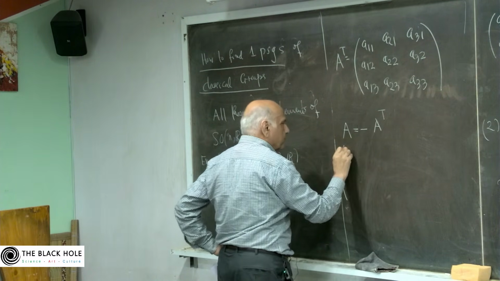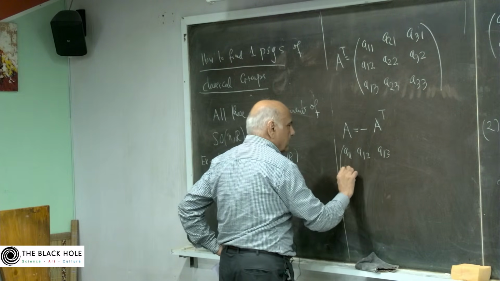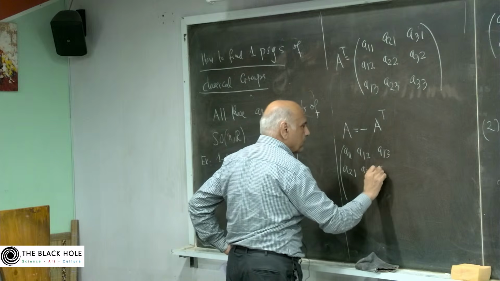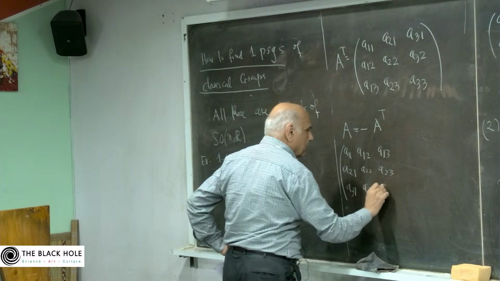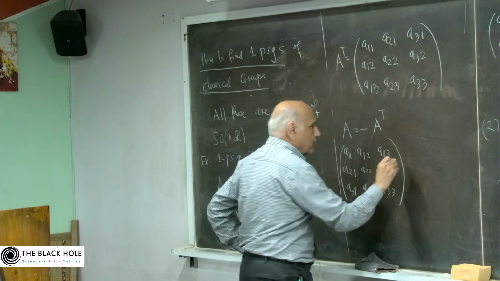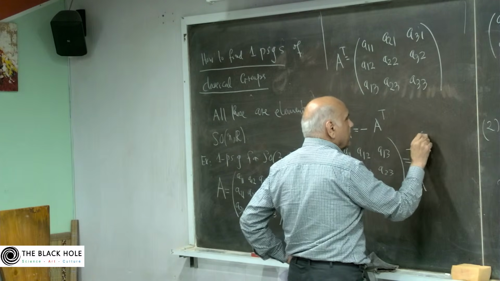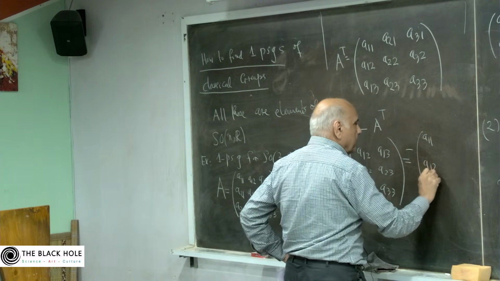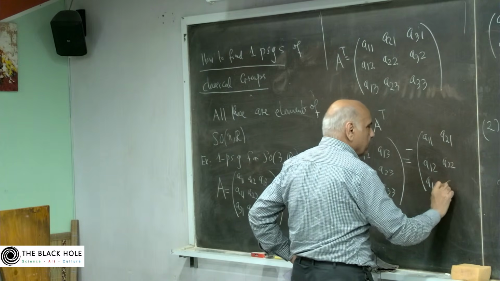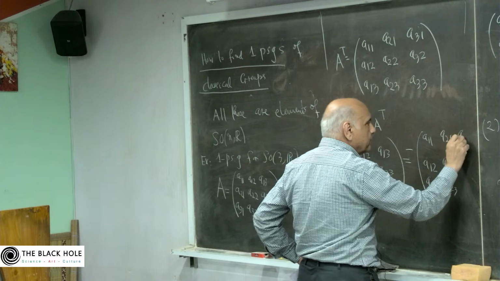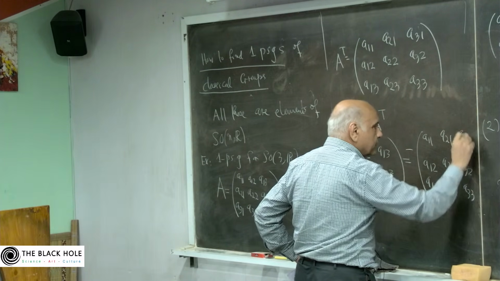So the matrix A11 through A33 is equal to minus the matrix of A11 through A33 transposed.